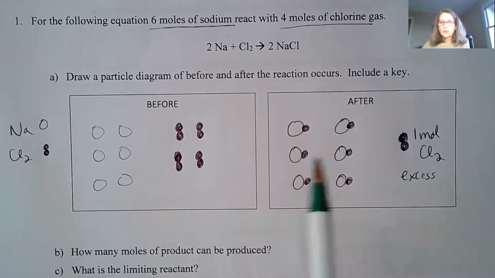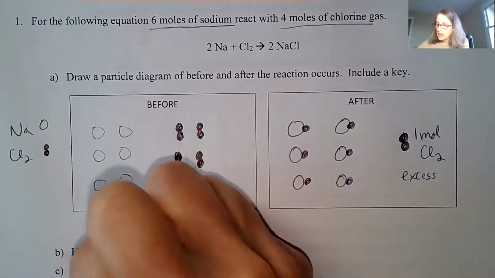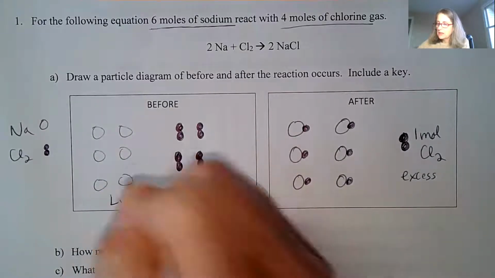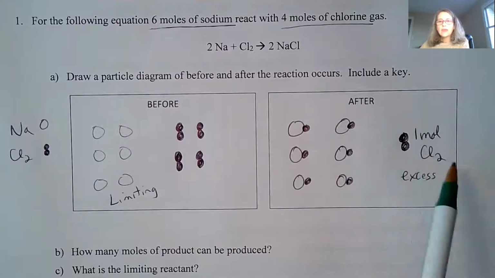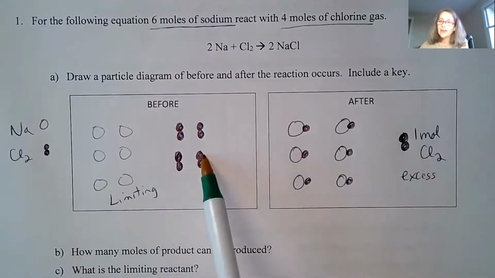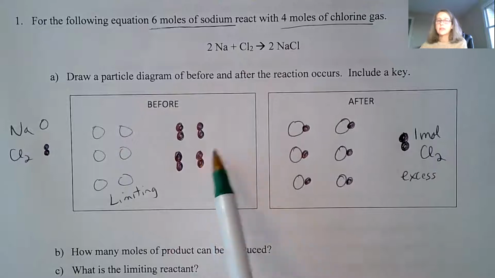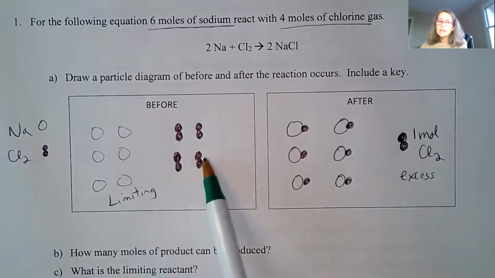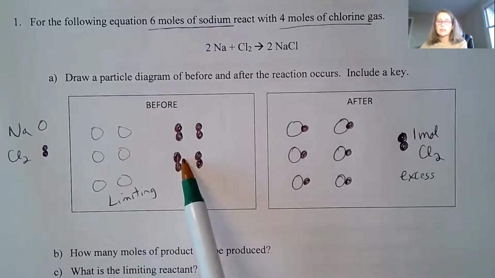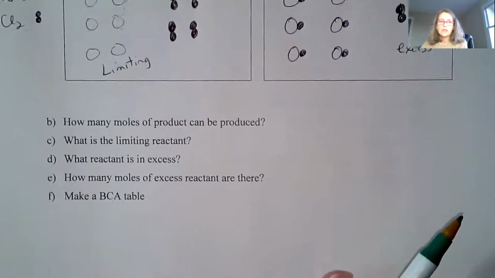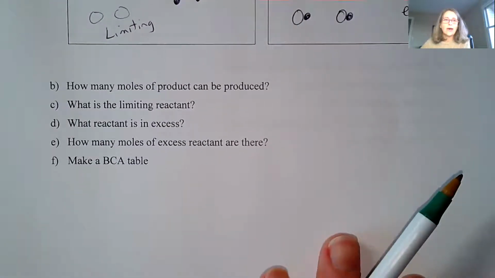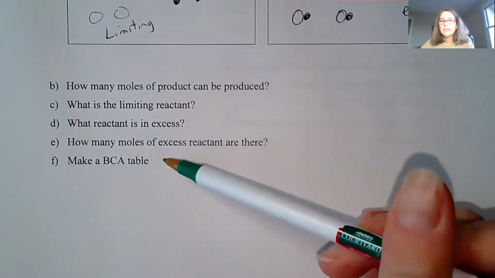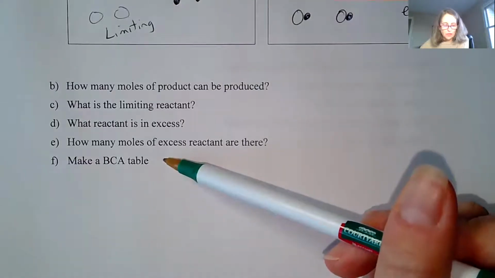So this particle picture shows you exactly what we have in chemistry, meaning we have something that is limiting us in how much product we can make, and then we have something that is going to have extra left over at the end. So this is called the limiting reactant. This is called the excess reactant in this example. So let's answer these questions, and I'm going to show you how you're going to use something called a BCA table in more complicated problems.